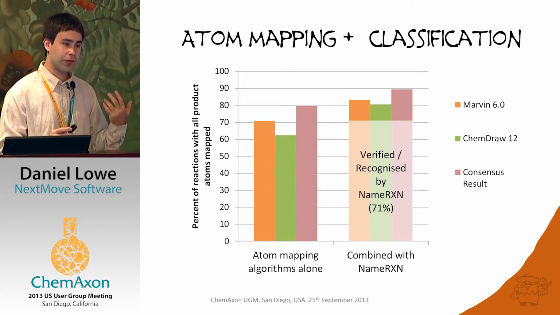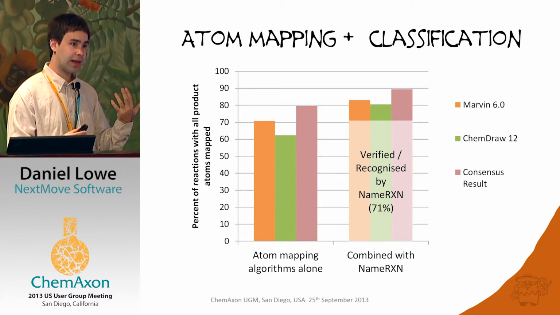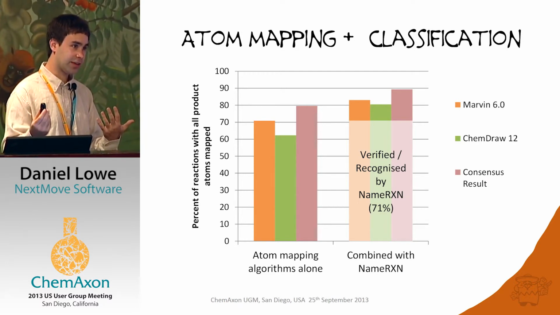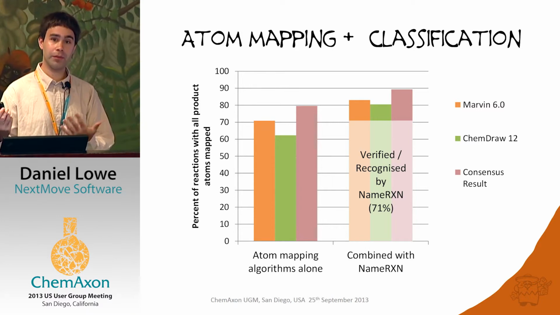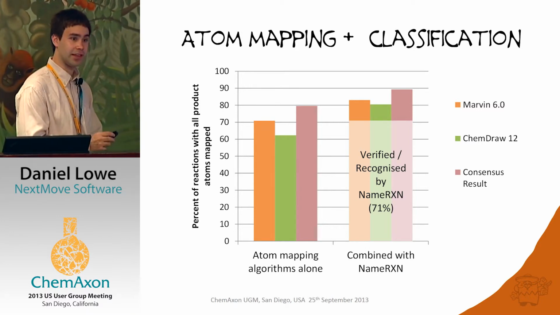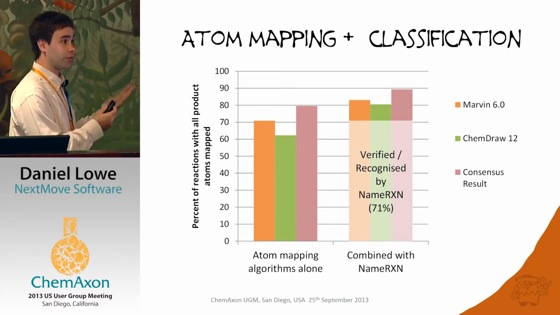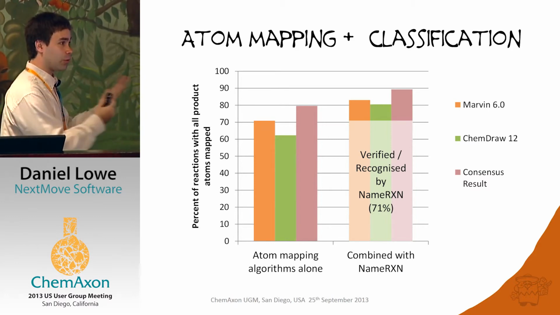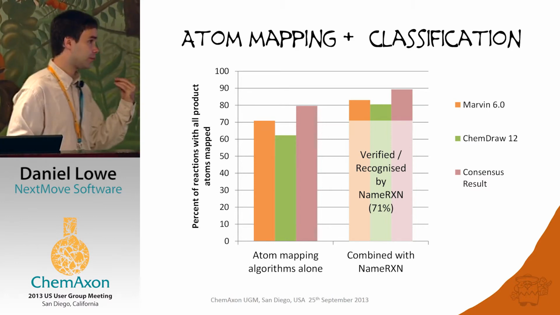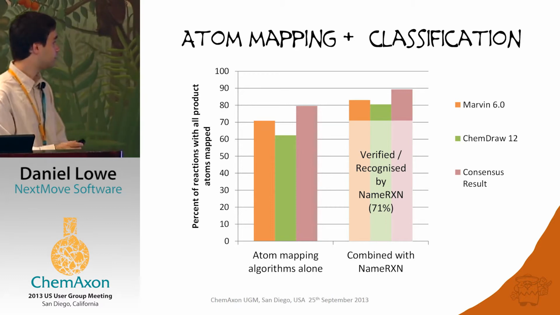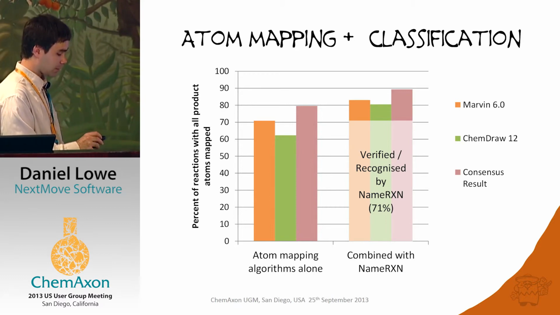For example, when multiple reaction steps are expressed in the same reaction, that is more difficult to do by classification than by atom mapping, because you have the confusion that multiple reactions have occurred in the same reaction that has been written down. That's right.